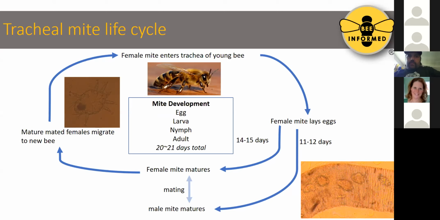Everybody's at home if nobody's flying, and we have that contact between the old bees and the young bees all tight together in there. So it's easier for that mite to be riding on a hair of an older bee and detect and then jump onto a younger bee. So that's the basic cycle of the way this mite progresses in its life cycle and transmission from bee to bee.